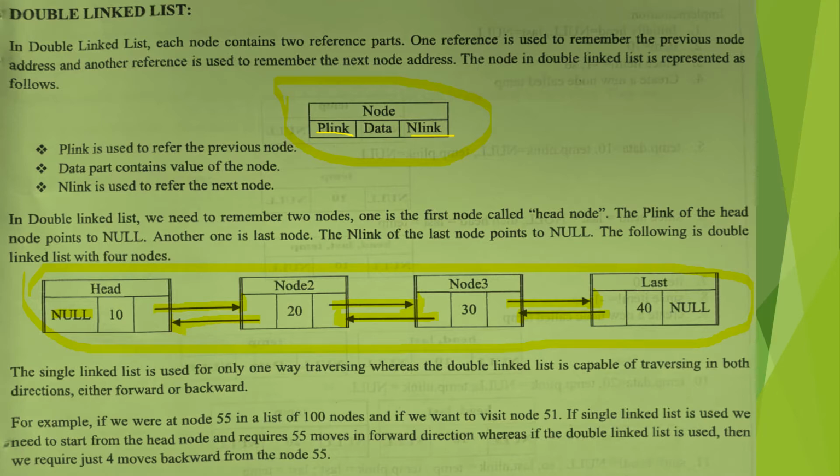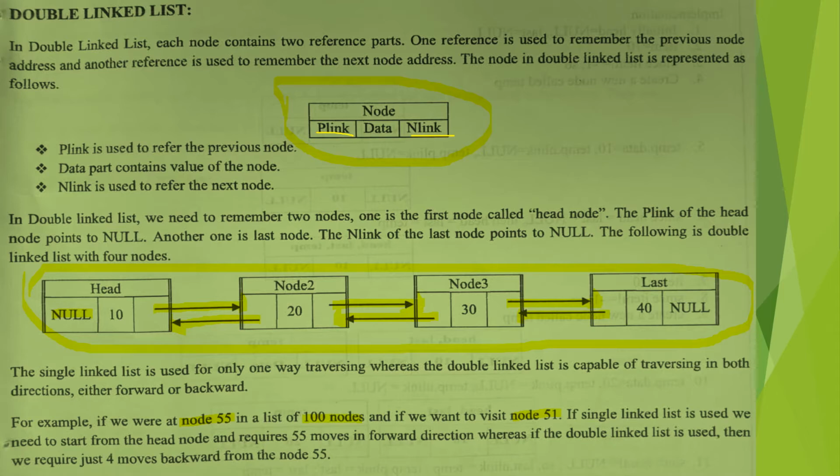For example, the list contains 100 nodes. The user is at the 55th node in those 100 nodes and wants to visit the 51st node. If you are using a single linked list, then you have to start from the head node, because there is no address of the previous element or node.